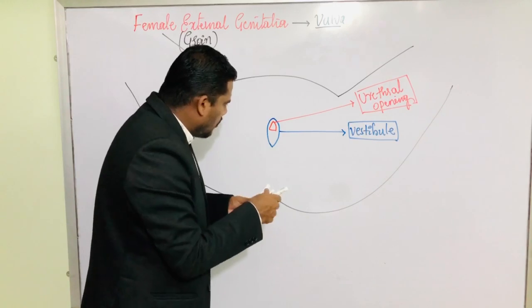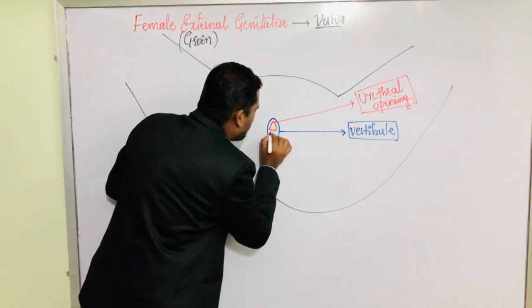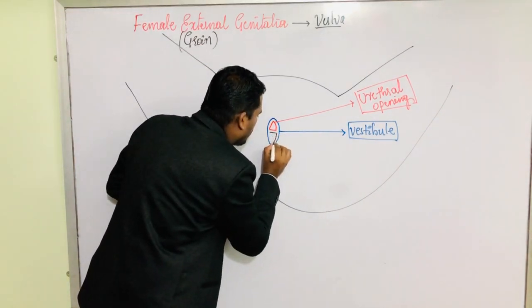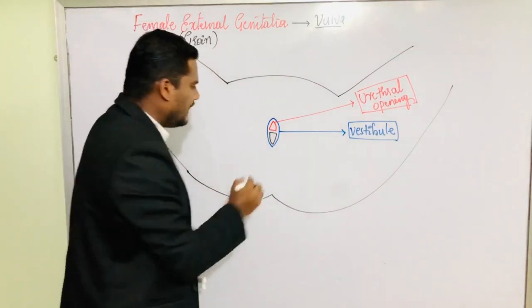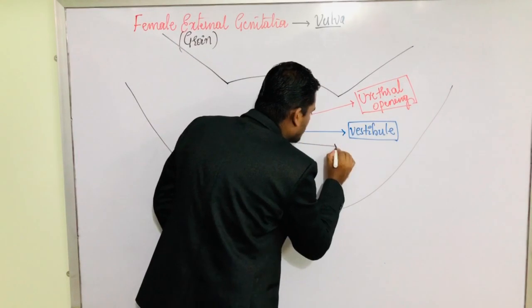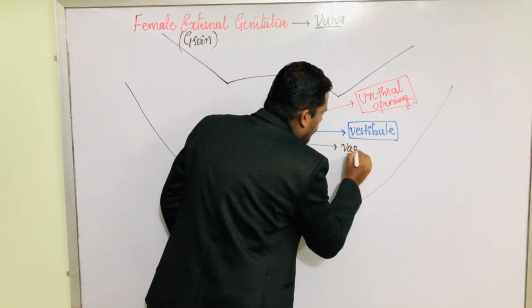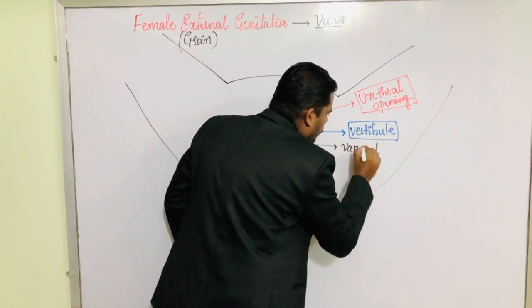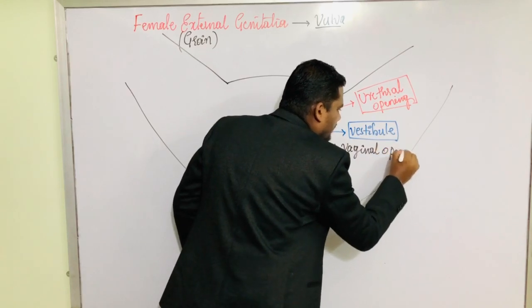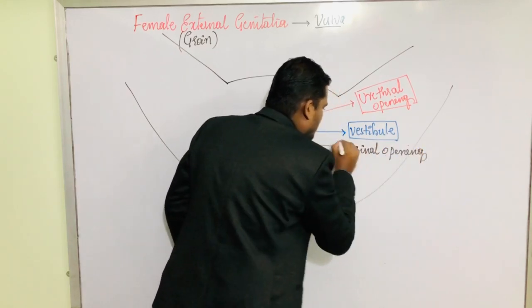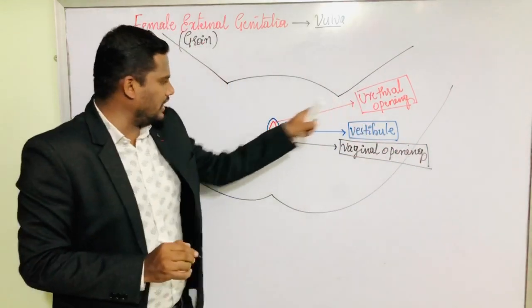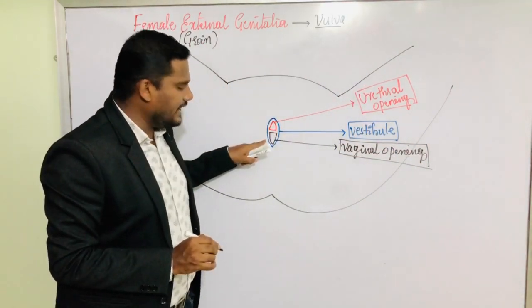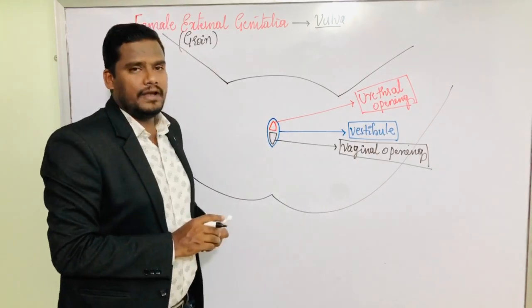Whereas the lower opening of the vestibule is called the vaginal opening. Upper opening of the vestibule is called the urethral opening and the lower opening is called the vaginal opening.